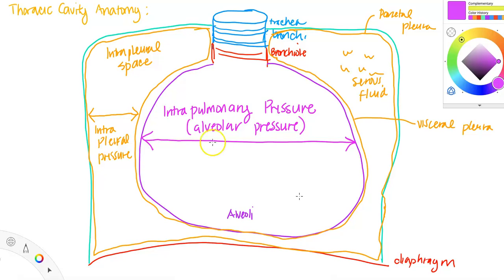Okay, so next we're going to talk about some gas laws that will help us understand how this works and how pulmonary ventilation occurs. So let's go talk about gas laws.